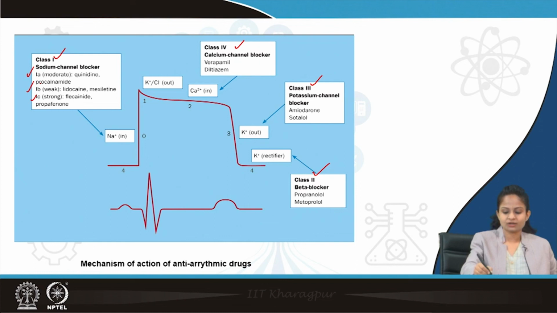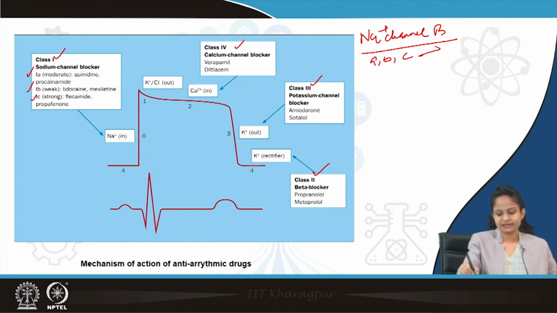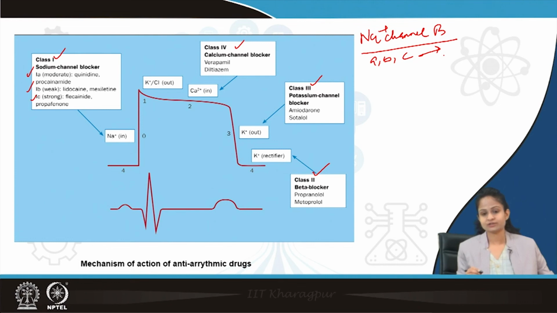This division of sodium channel blockers into A, B, C is mainly because of the dissociation or association, how the speed of conduction of the Purkinje fibers occurs, and how the sodium channel blockers could modulate the speed of impulse transmission through the Purkinje fibers.